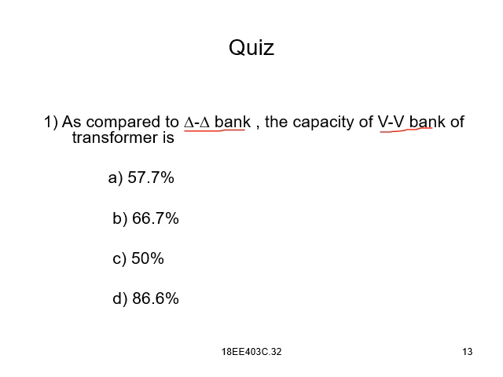As compared to delta delta bank, the capacity of VV bank of a transformer is. Guess the answer quickly. Just analyze the previous summary.